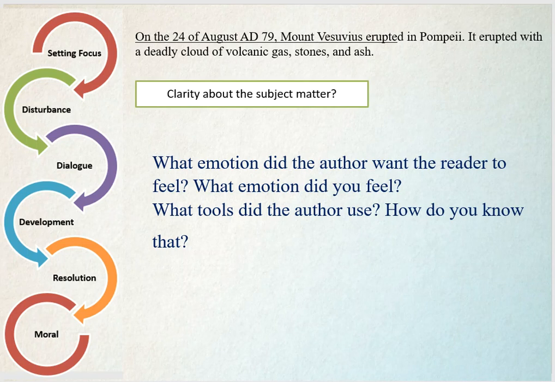Clarity about the subject matter, like she needs to start the text. She began explaining, guys, I'll be talking about the Mount Vesuvius and this is when it happened, and now you know, right? So she wanted you to know what she's gonna talk about.